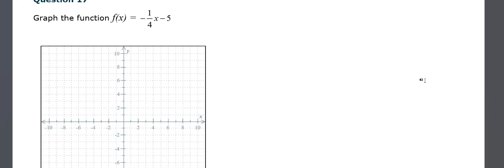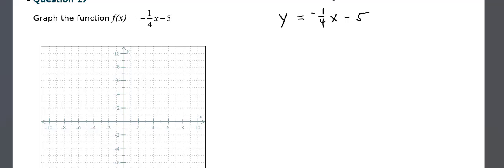Let's look at another one. Here we're asked to graph the function f of x equals negative 1/4 x minus 5. So again, we could write this in slope-intercept form. Now, when we talk about a slope being negative 1/4 in this case, the negative does not go with both the numerator and denominator.